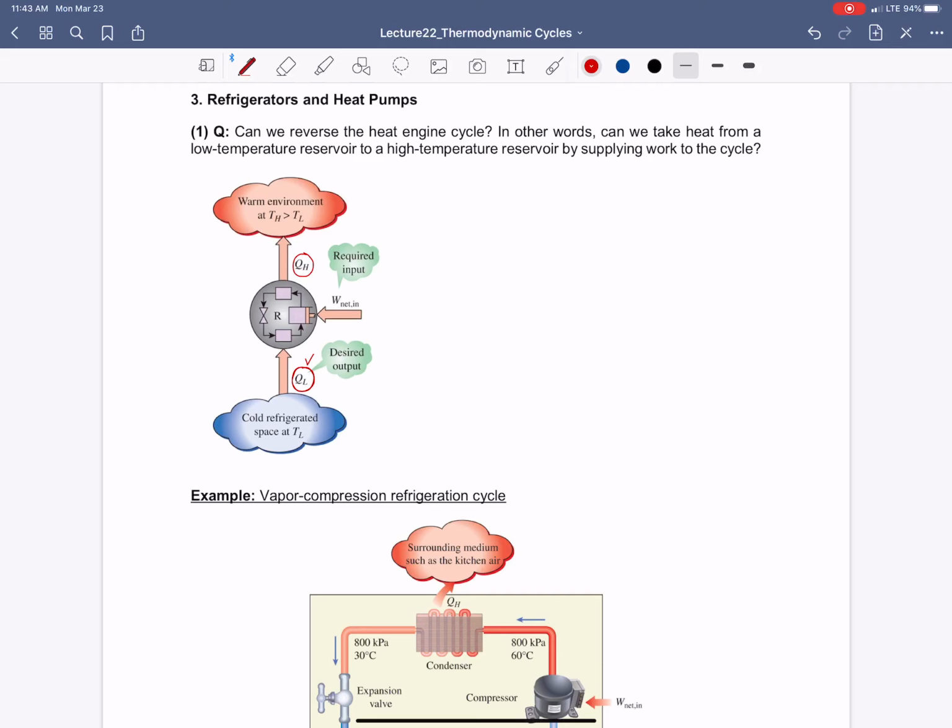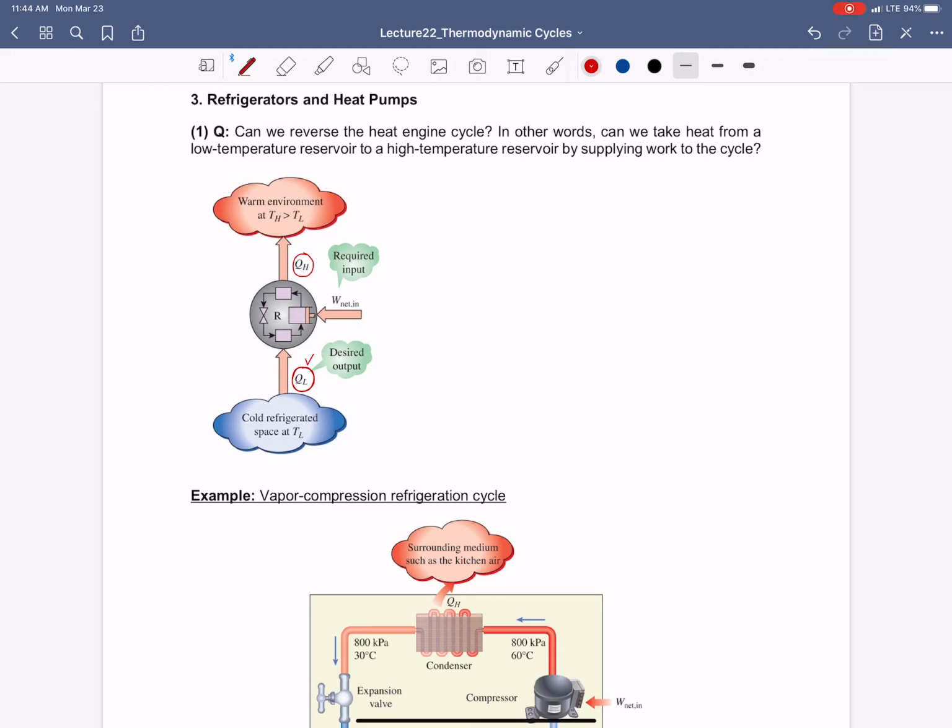And if QH is your desired output, to make a certain place warm, like your room or your house, we call that a heat pump. The thermodynamic point of view is the same thing, but the objective is different. A cold place is your objective, or a warm space is your objective. So depending on this objective, we sometimes use it as a refrigerator, or we use the same cycle as a heat pump.